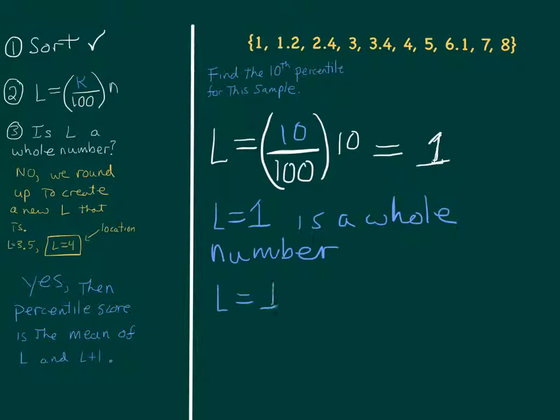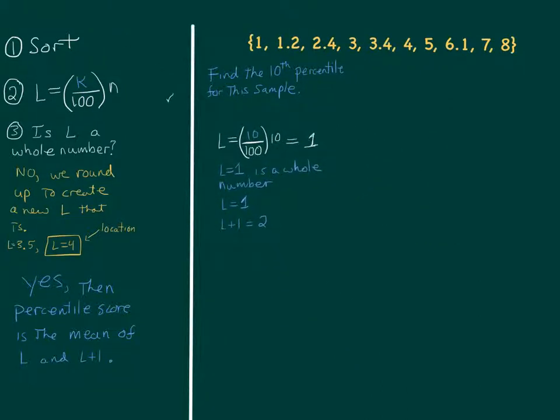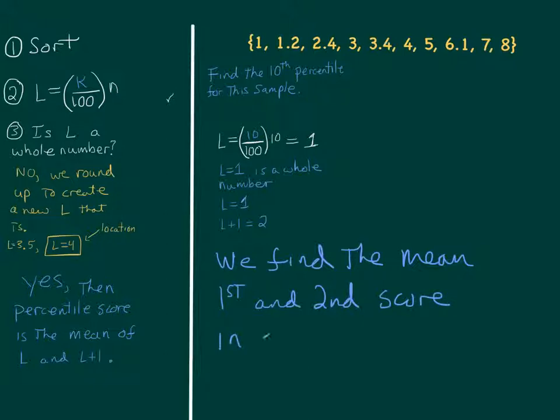If L is 1, L plus 1 is equal to 2. So to find the 10th percentile, we find the mean of the first and second score in our sample. The first because of the original L value, the second because of L plus 1.